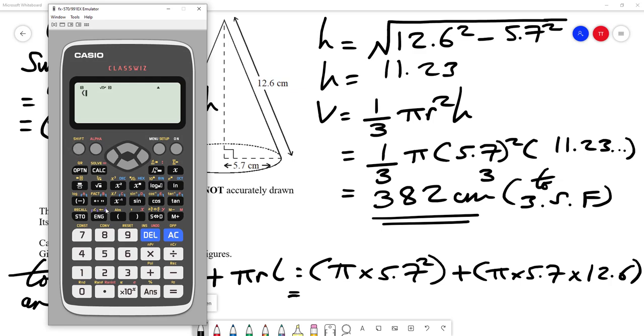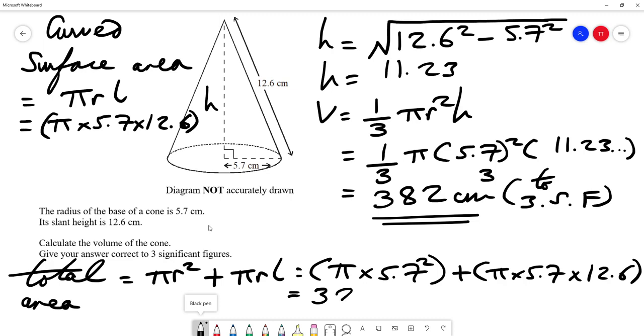So pi times 5.7 squared, close brackets, plus pi times 5.7 times 12.6, close brackets. So to 3 significant figures, that's 328 centimeters squared. And that's been rounded correct to 3 SF.